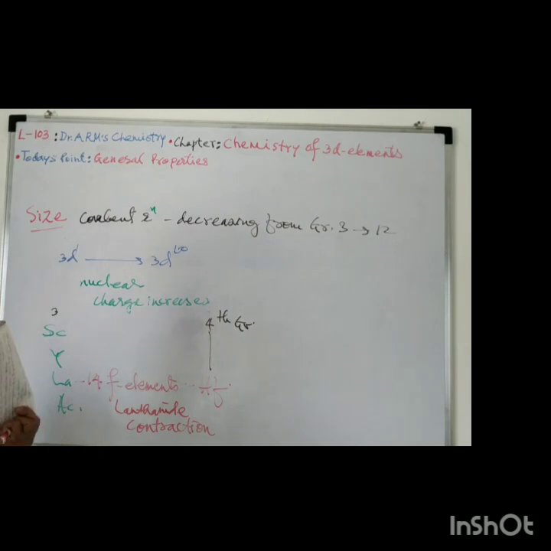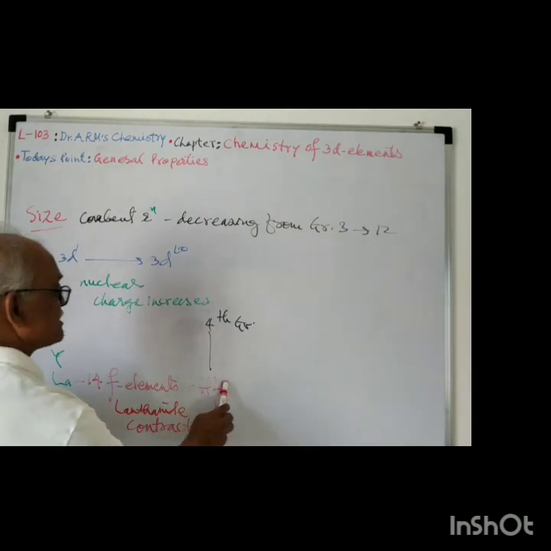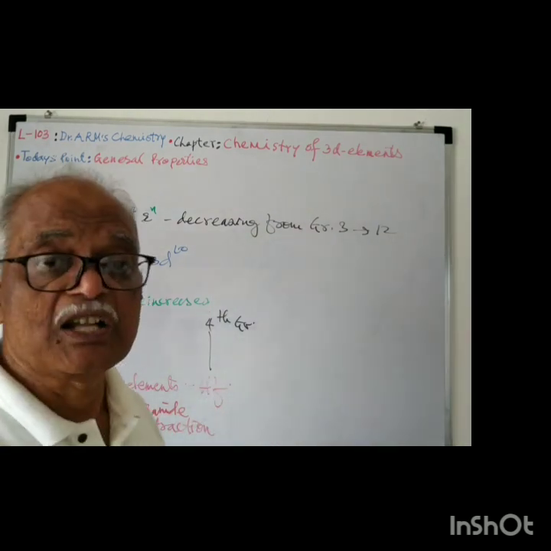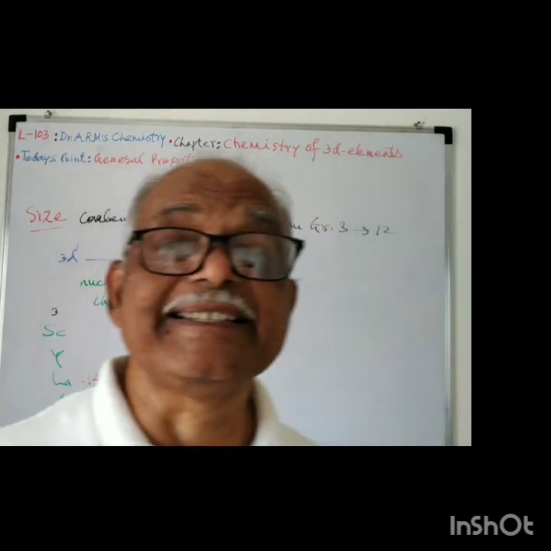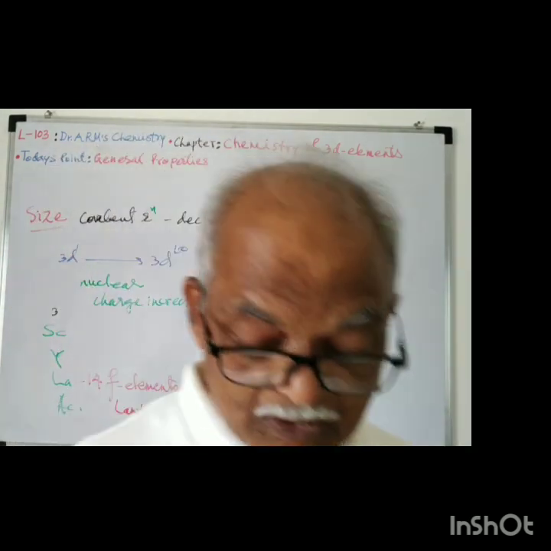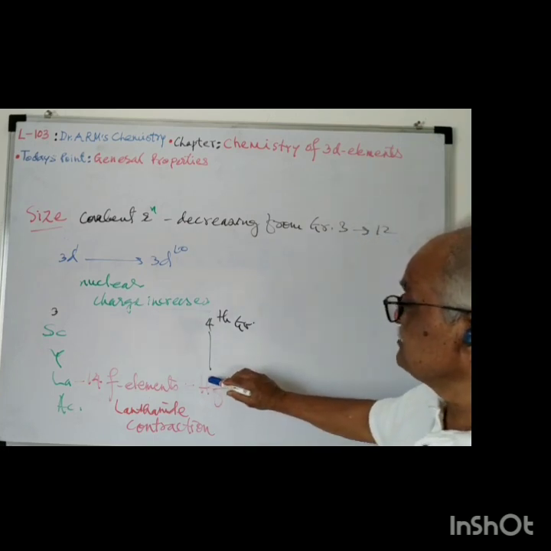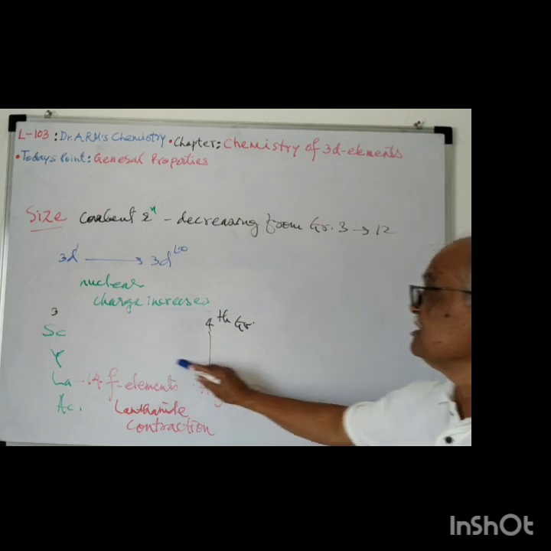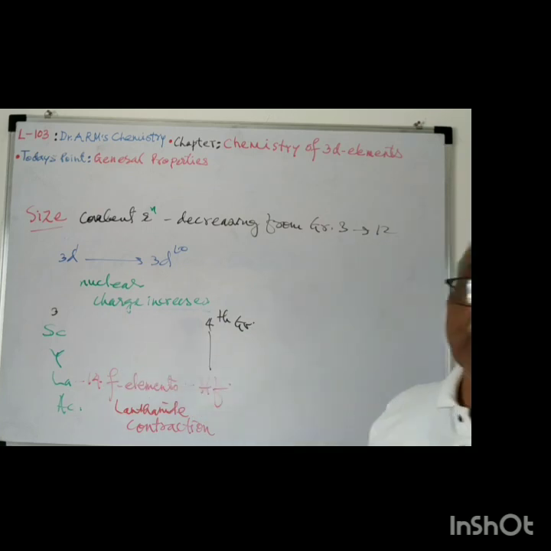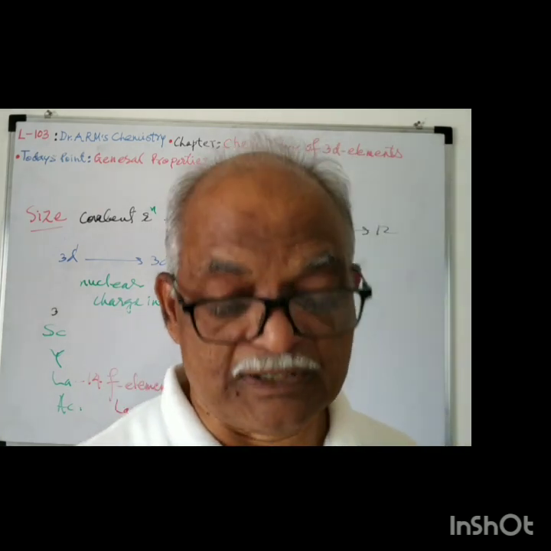Because of this, the elements coming after hafnium show more and more decrease in size, and the size of hafnium and the elements in the yttrium series come very close to each other.